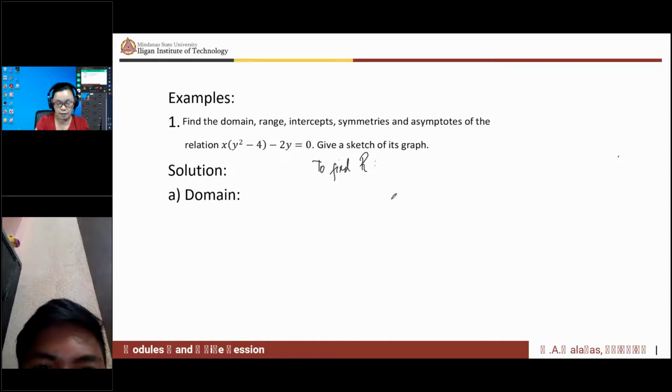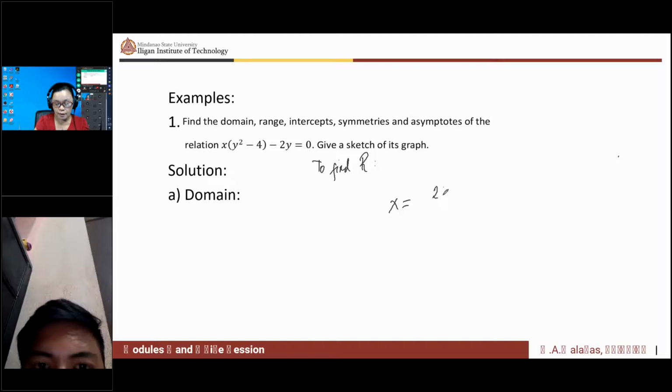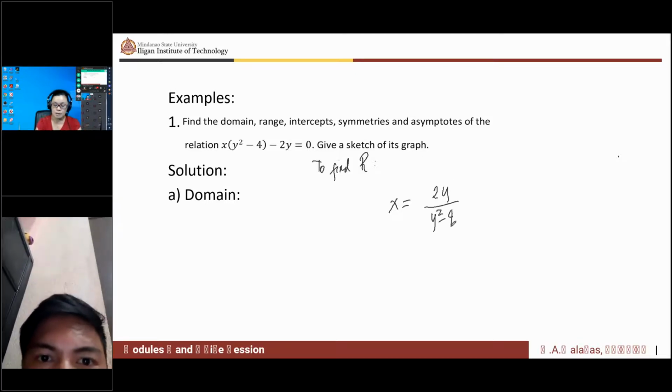So we get x equals 2y over y squared minus 4. Very easy. So this is our resulting equation. If you look at this, this has meaning except when y equals 2 and y equals negative 2.